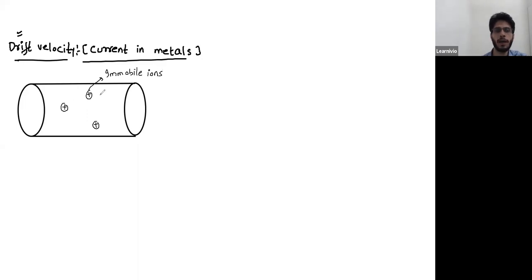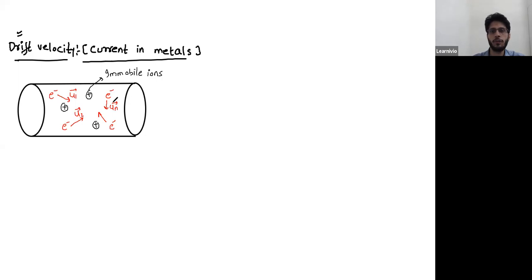Along with these immobile ions, there are plenty of free electrons. A conductor has plenty of free electrons. These electrons are moving with various velocities. This is U1, U2, so this is your conductor.